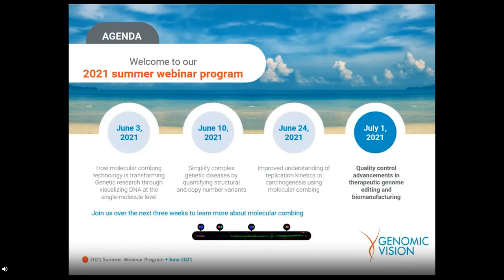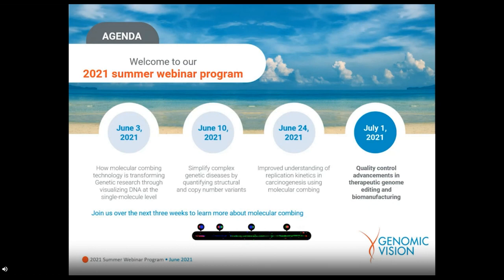Okay, welcome to our summer webinar series on molecular combing and its applications. During the first session, we presented molecular combing principles and how it's transforming genetic research through the analysis of single genome molecules.